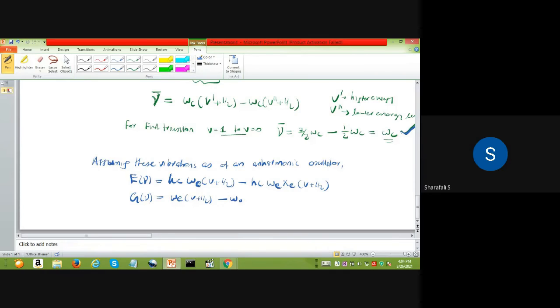If you are using omega E, then you have to replace everything with omega E, or you can put omega C in everything. I'll just put it as omega C right now.